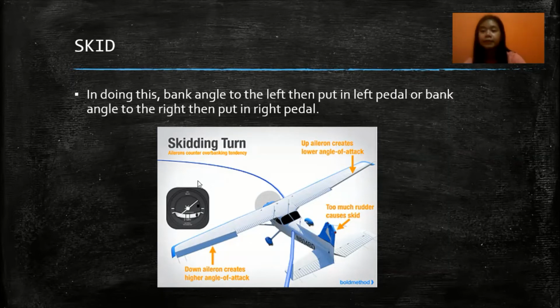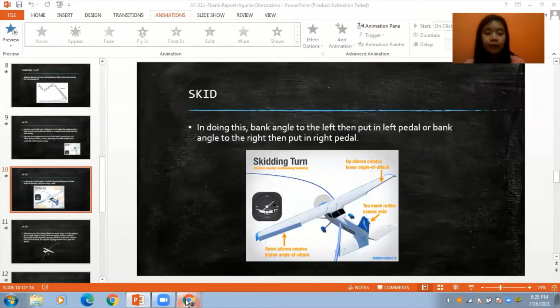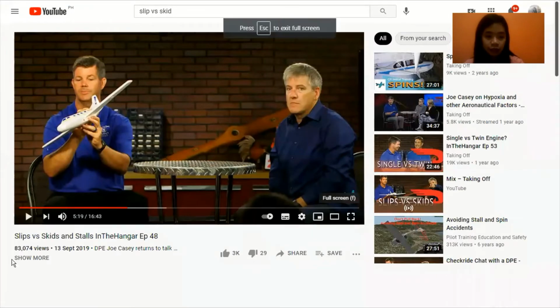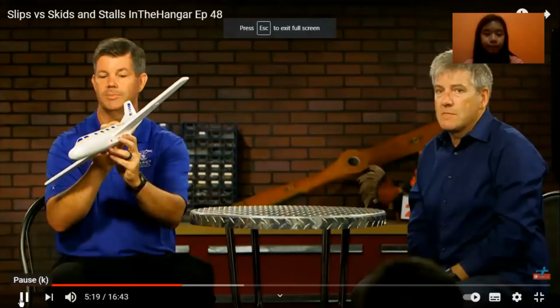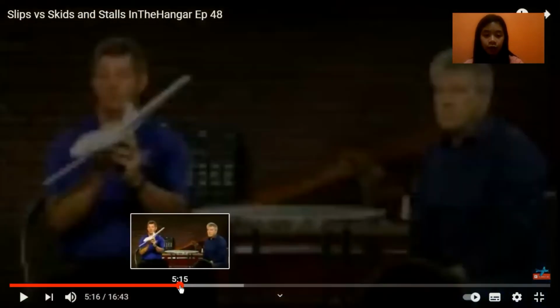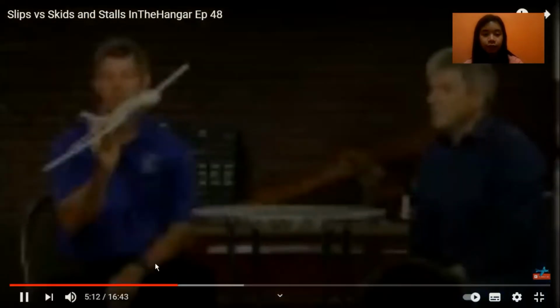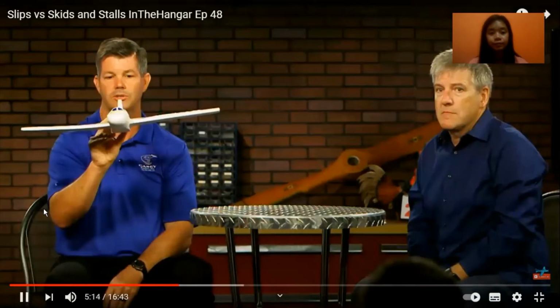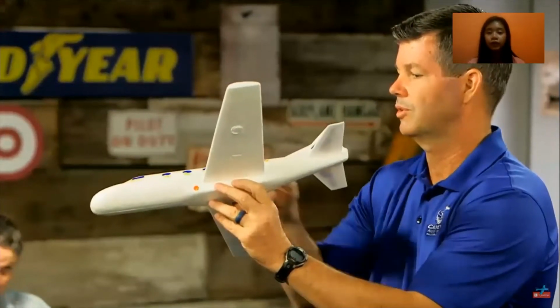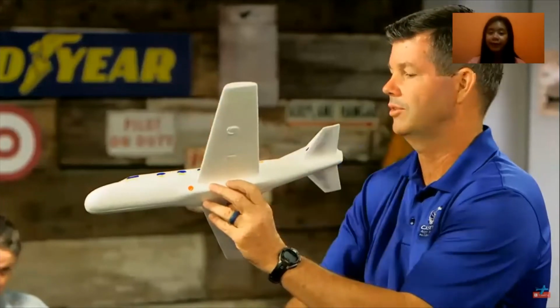So, para mas maintindihan natin yung skid, tingnan natin kung ano yung nangyayari sa aircraft kapag mag-skid dito sa video. And this is the dangerous. Ayan. Ginawa na niya. There's no issues whatsoever. The skid is going to be where you have a right bank and right pedal. And this is the dangerous. So, ayan yung nag-right bank siya, tapos nag-right pedal. Consider as skid na yun.